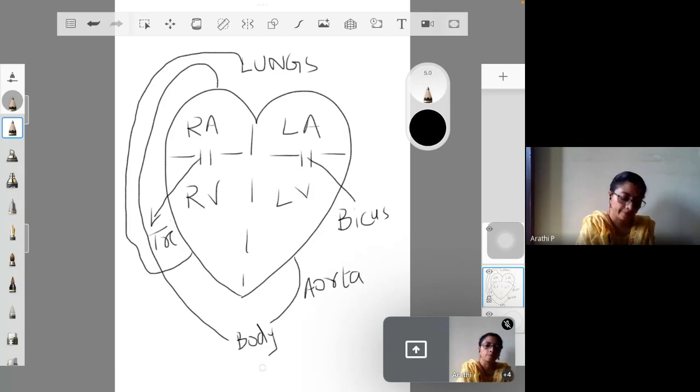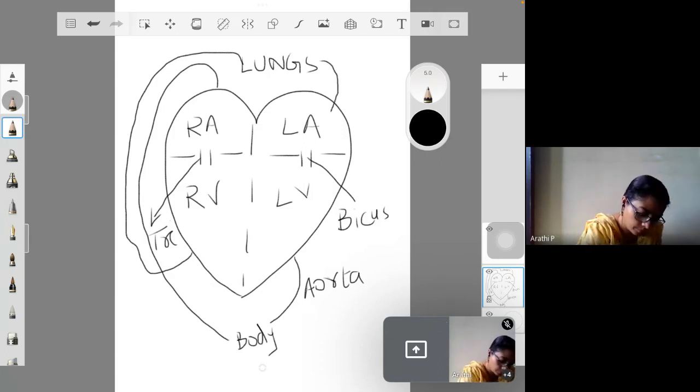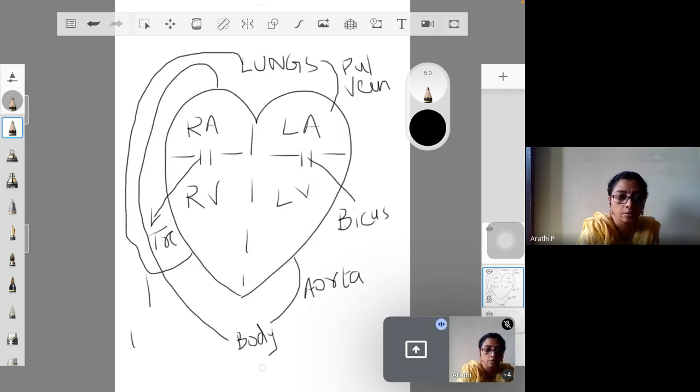Lungs will add oxygen to that blood. The deoxygenated blood is added with oxygen in the lungs. And then it again comes back to the left atrium. So this is pulmonary vein, and this is pulmonary artery.